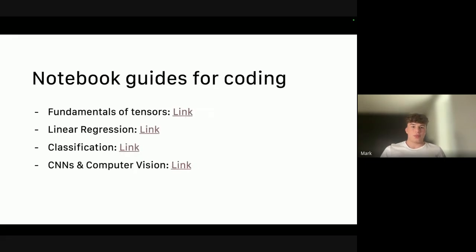Okay, so we could cover, I know this would be optional, so you get to choose which one we cover, but I have notebooks here in Google Colab, which I found and wrote, and I think they are really nice at explaining the parts we covered in theory now, and implementing them in practice. So we have the fundamentals of tensors. Tensors are the numerical type of data you need to process, right?